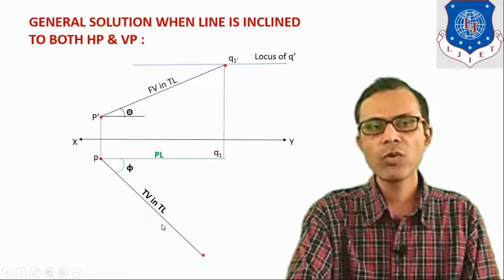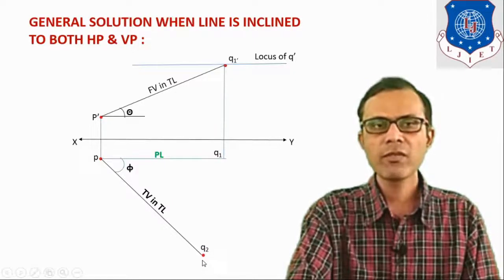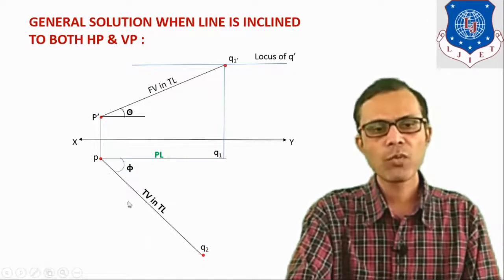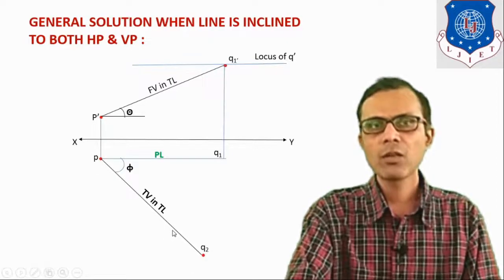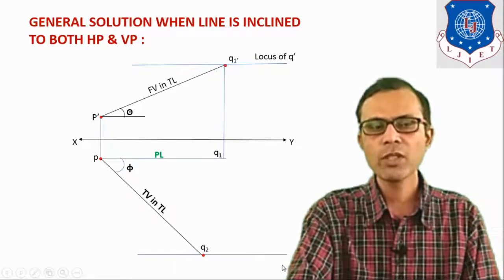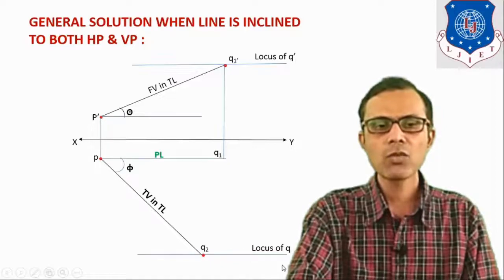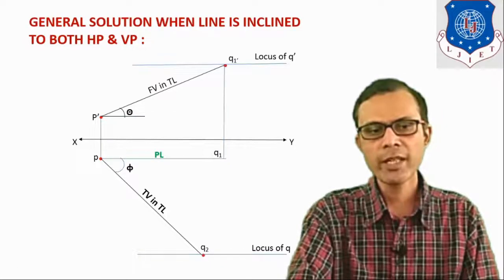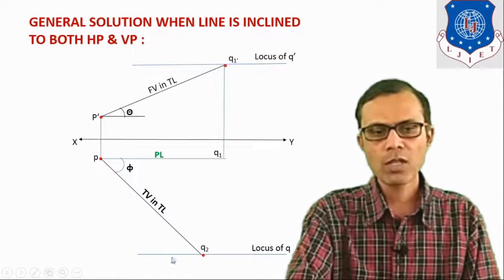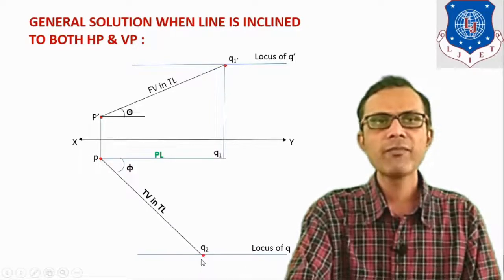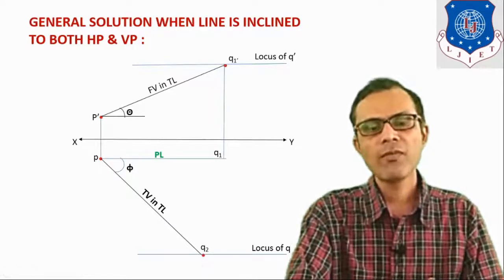So it is the top view in true length, and this point will be denoted by Q2. So PQ2 is the top view in true length, and from Q2 also draw the horizontal line, that is the locus of Q. It indicates that somewhere on this locus line you will get the final position of Q.